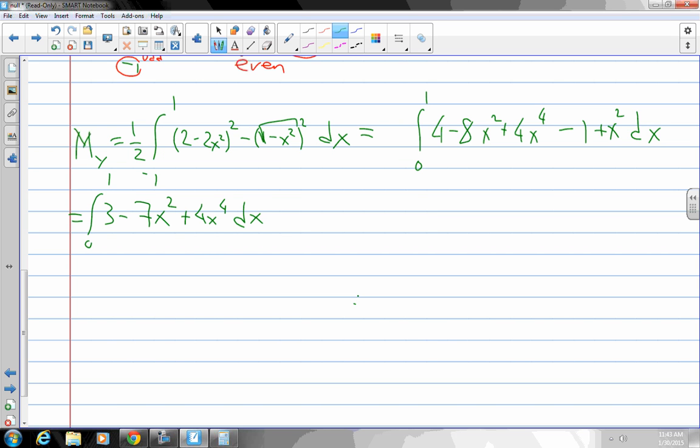All right. So 3x minus 7 thirds x cubed plus 4 fifths x to the 5th from 0 to 1. So whatever that is, 3 minus 7 thirds plus 4 fifths. Right?